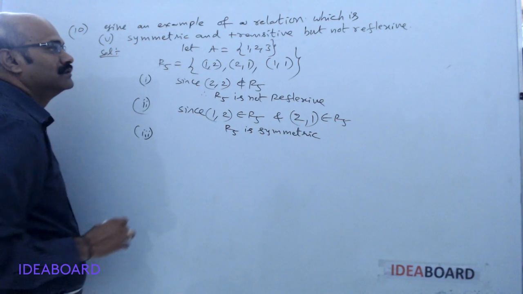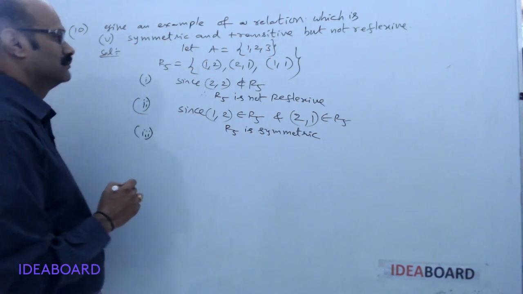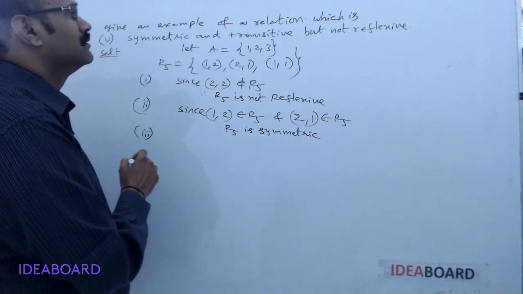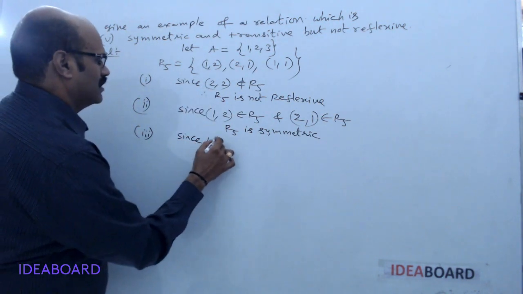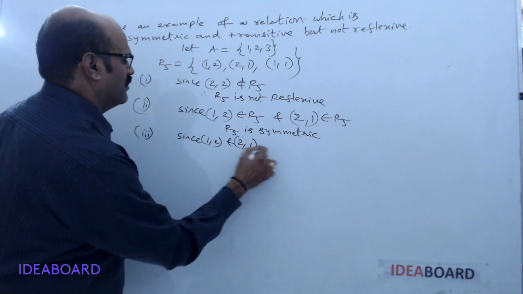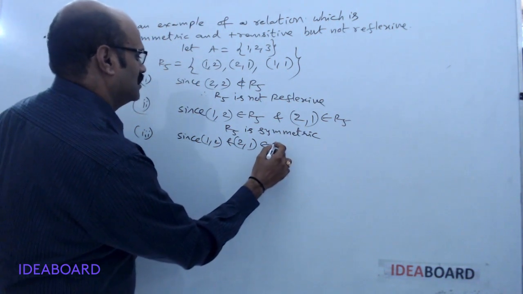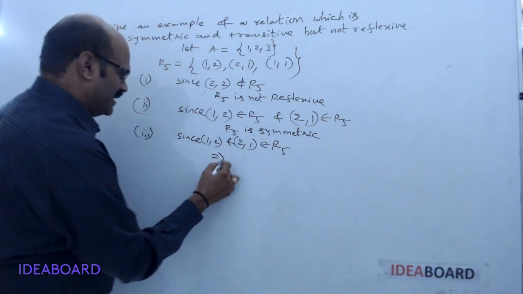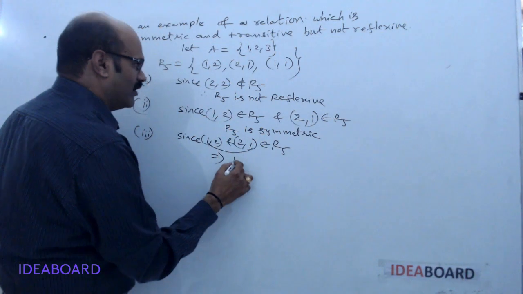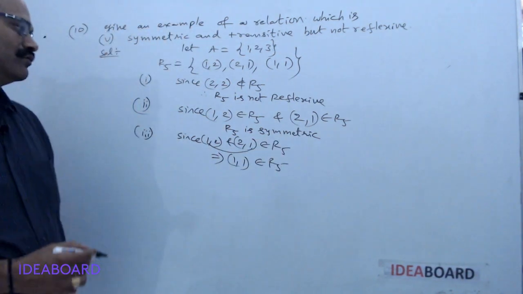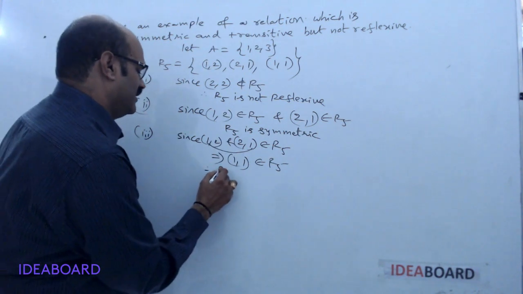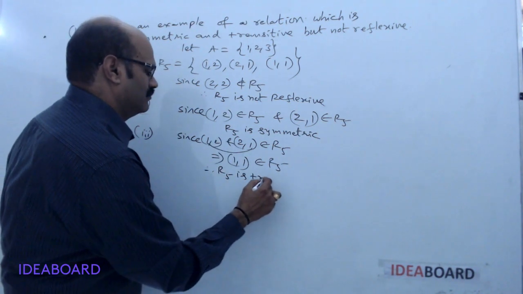Third one, since (1,2) and (2,1) belong to R5, it implies (1,1) belongs to R5. Therefore, we say that R5 is transitive.